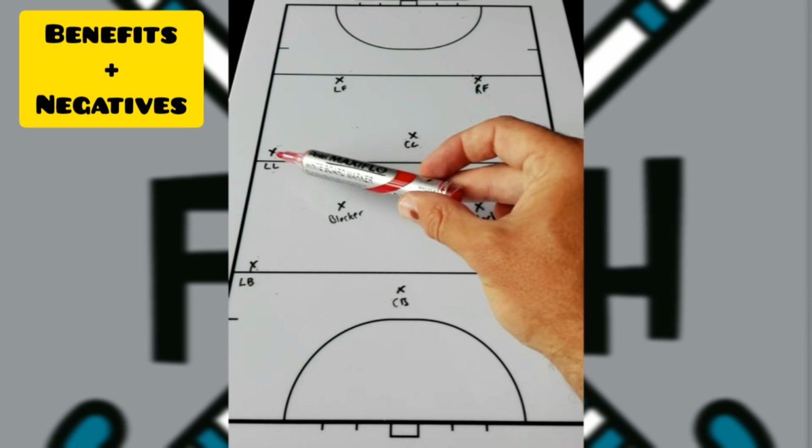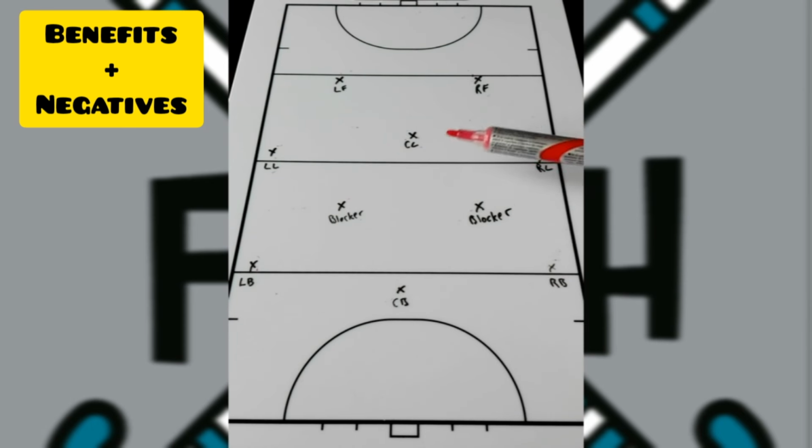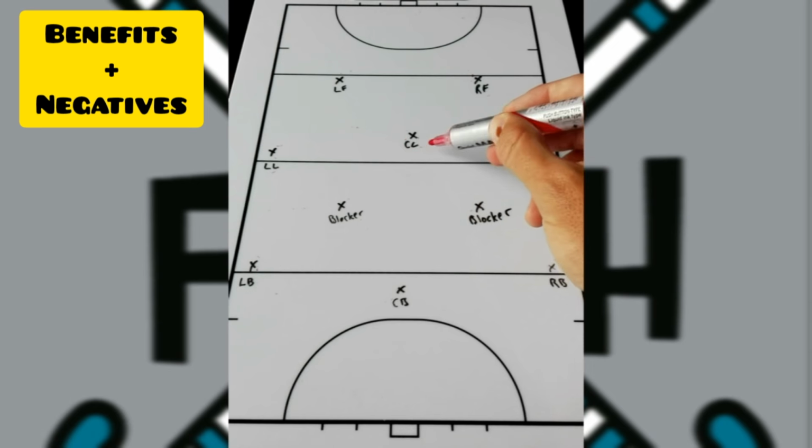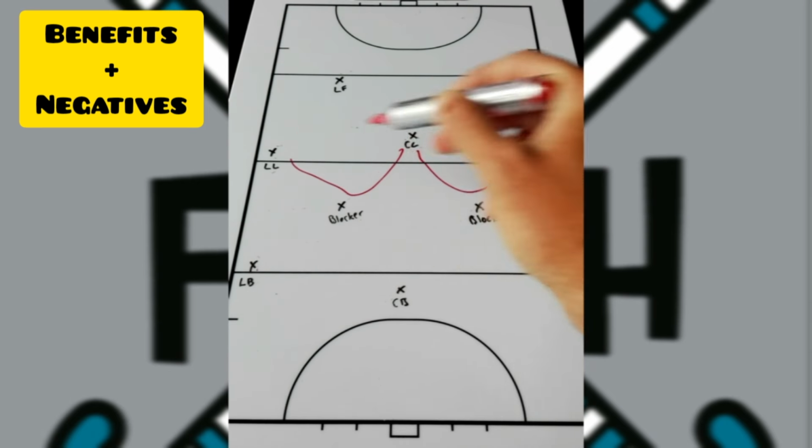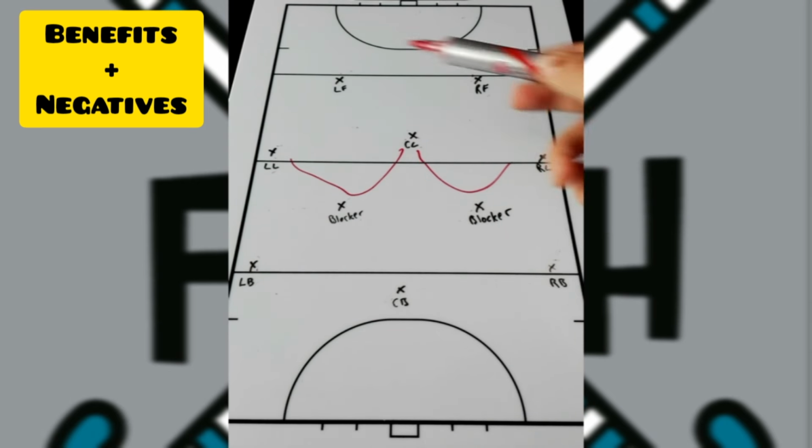So less work for these midfielders, meaning that you will have more energy to attack and try and score goals. It will force pockets, and you will be focusing on pockets a lot, meaning that if you get these pockets correct, you will create space in different areas of the field.